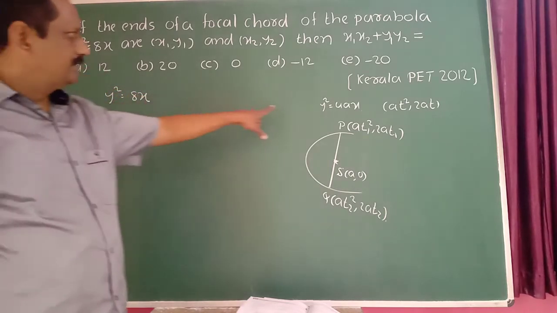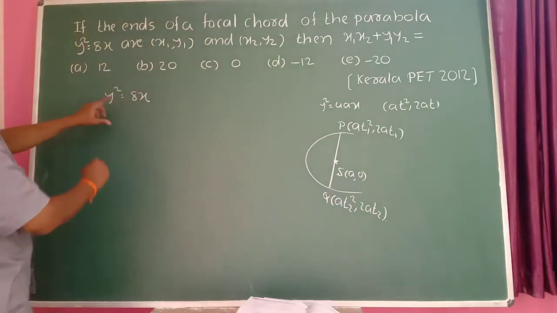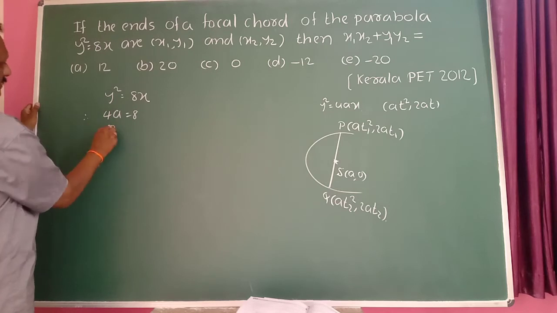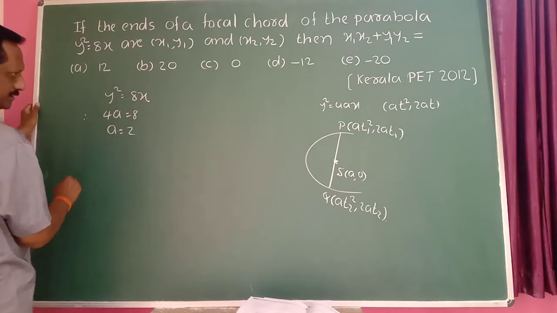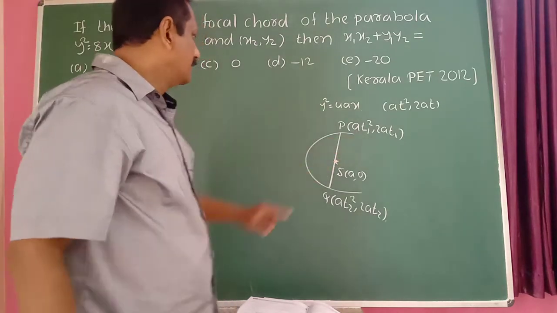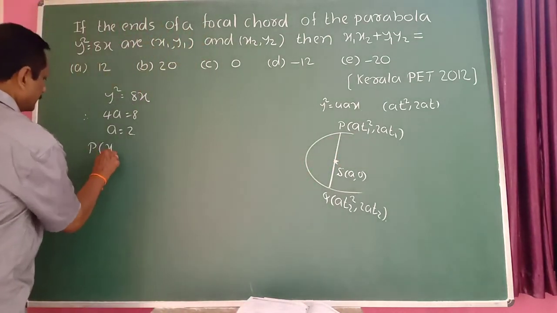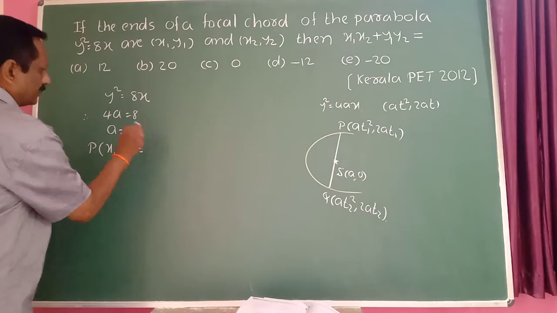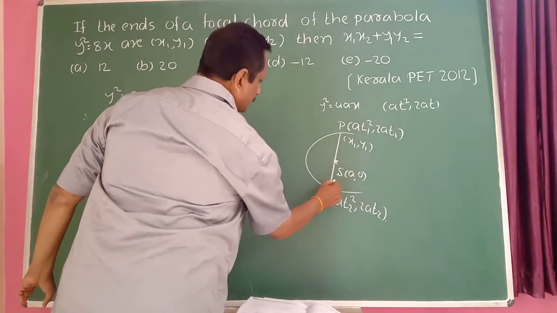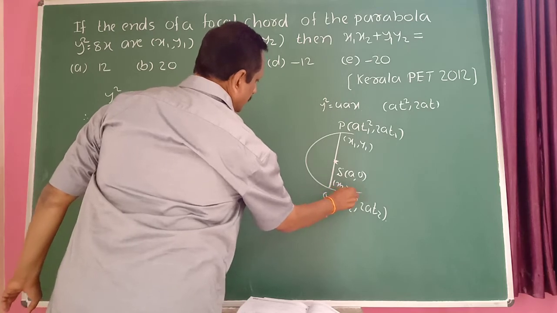Compare this equation: 4a is equal to 8, hence the value of a is 2. Take this point as (x1, y1) and this point as (x2, y2).